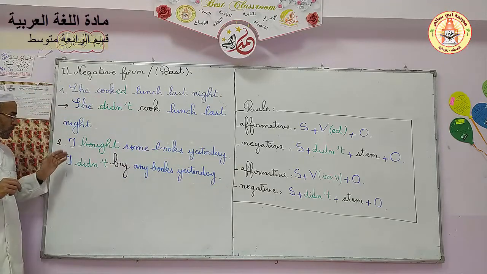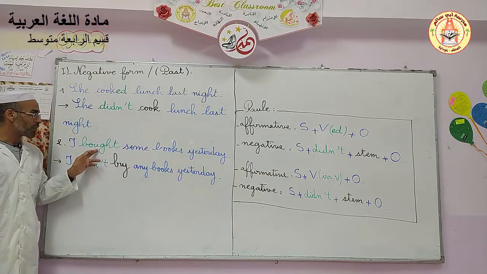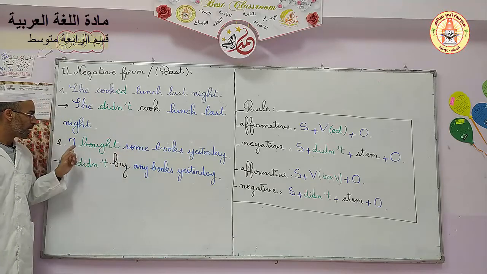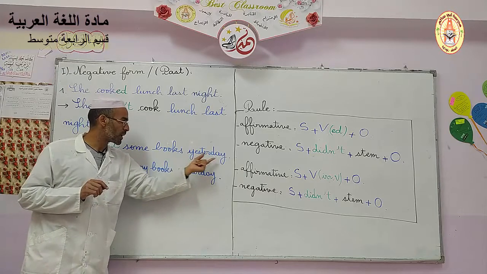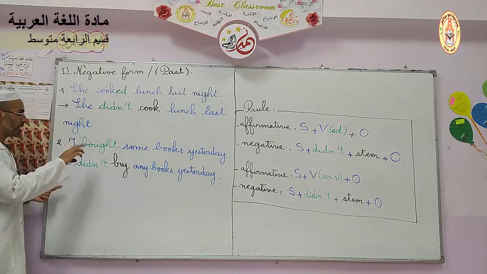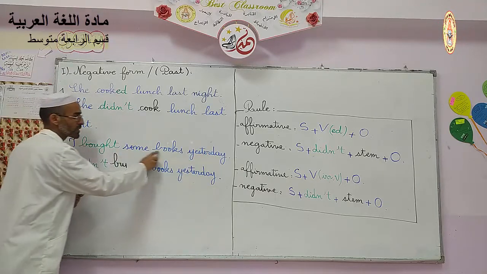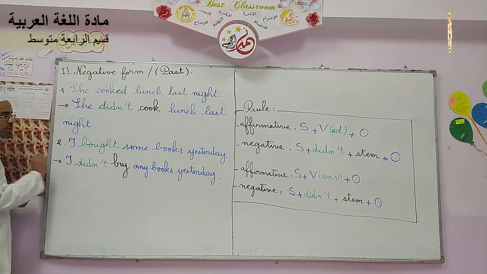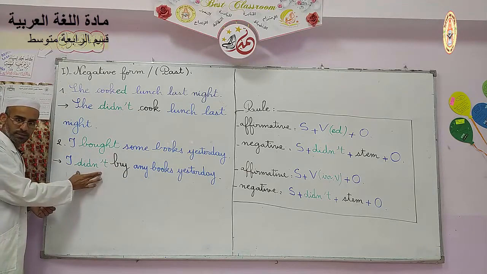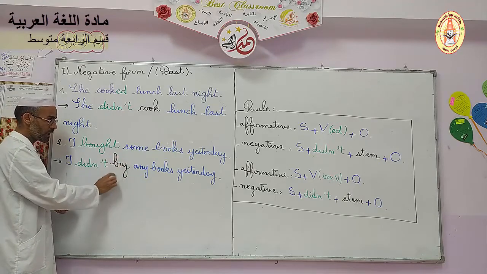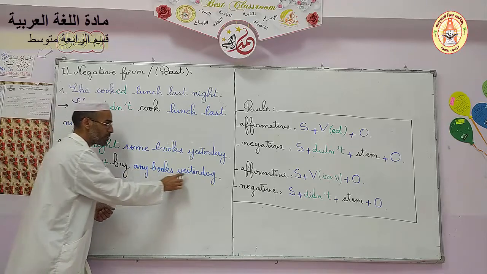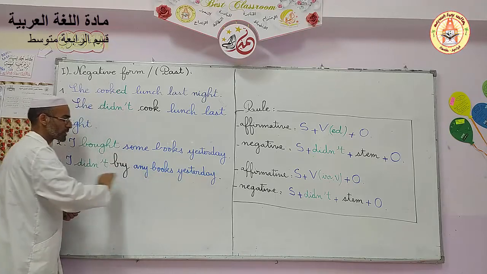Now let's go to the second sentence. I bought some books yesterday. I is the subject, bought is the verb, some books yesterday are the objects. It's in the affirmative form. When we change it to negative, we have subject plus didn't plus buy, plus any books yesterday, the objects.